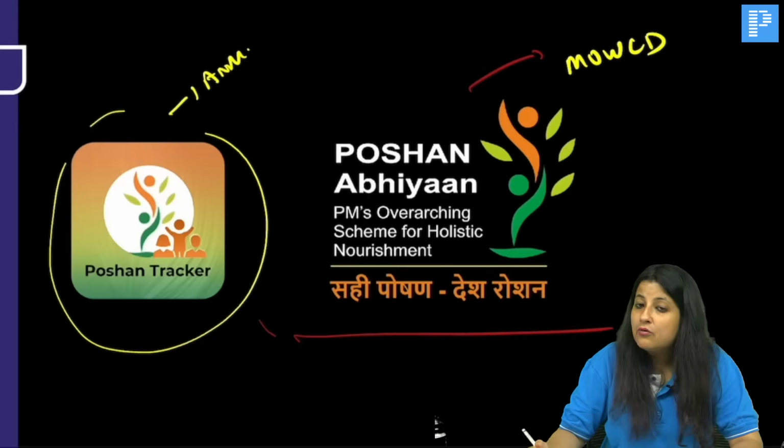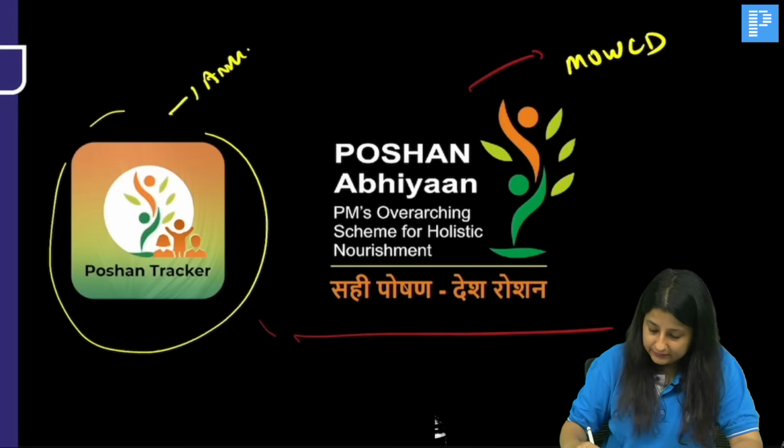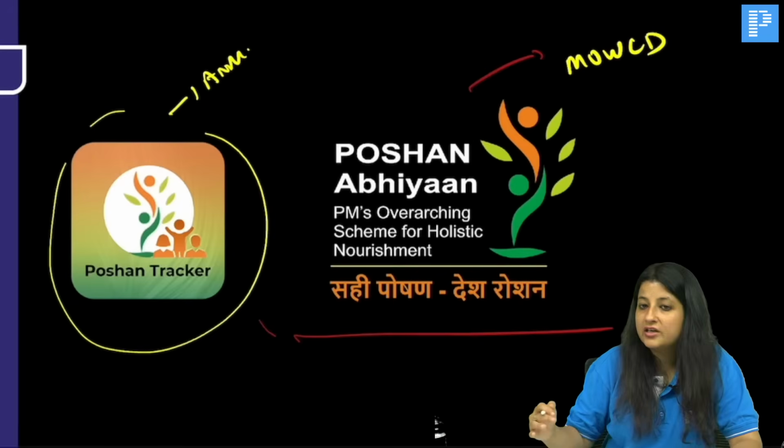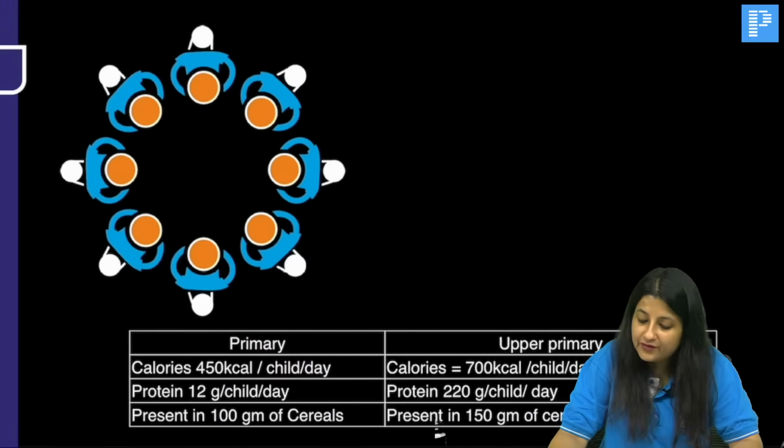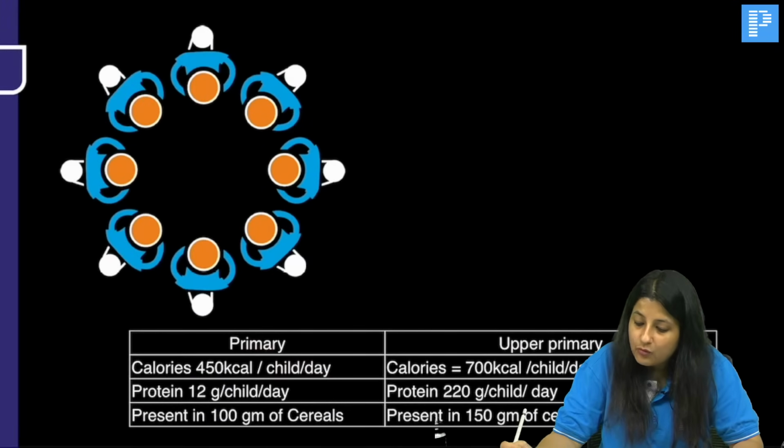Okay? Now another program whose name got changed. What is the new name for this program? Can anyone tell me? Is it the same as the old name, or what is the new name for this program, guys?